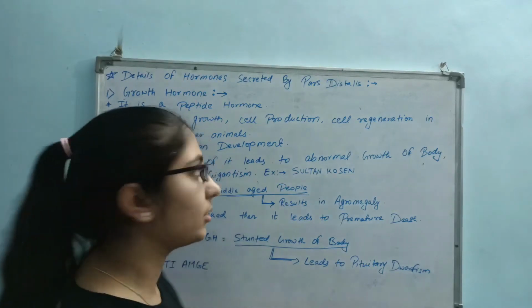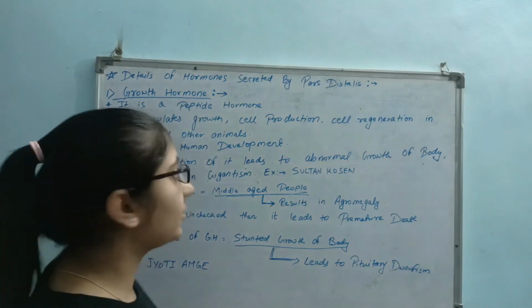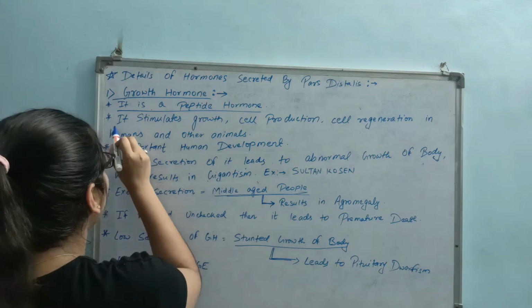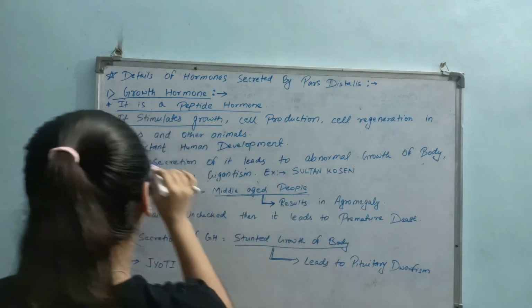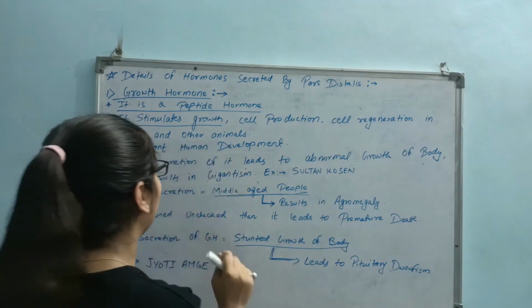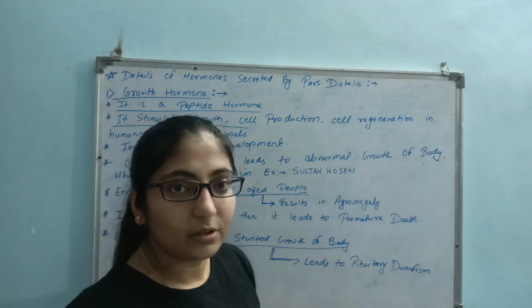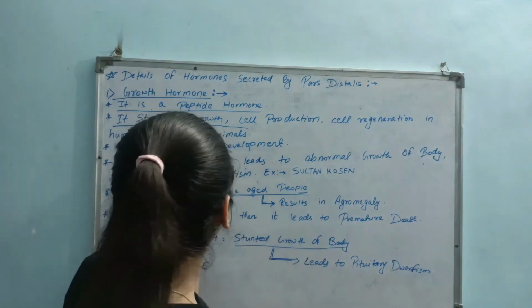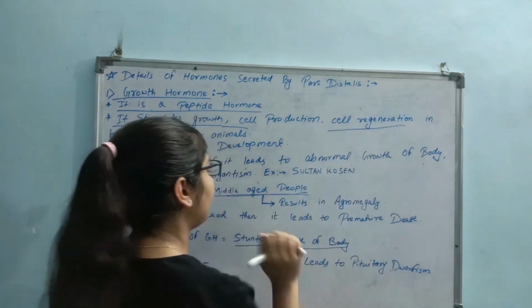So let's start. First hormone is growth hormone. Its feature is it is a peptidic hormone. Second feature is it stimulates the growth, cell production and cell regeneration in humans and other animals. For example, when we get injured, then some cells get injured, then this hormone works there and helps in cell regeneration.